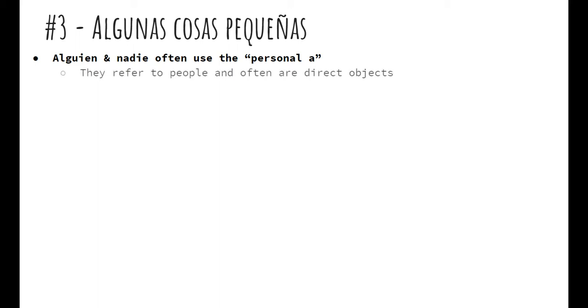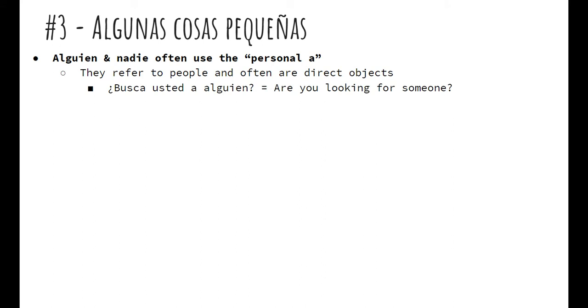All right, a few small things. So we have alguien and nadie, someone and no one. They often use the personal a, and they refer to people and often are direct objects. So, ¿busca usted a alguien?